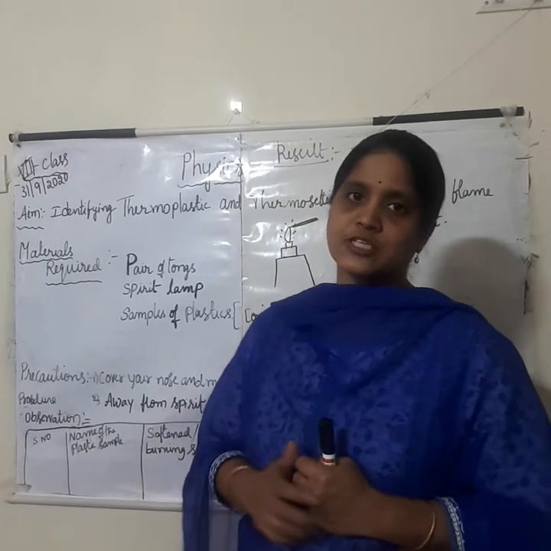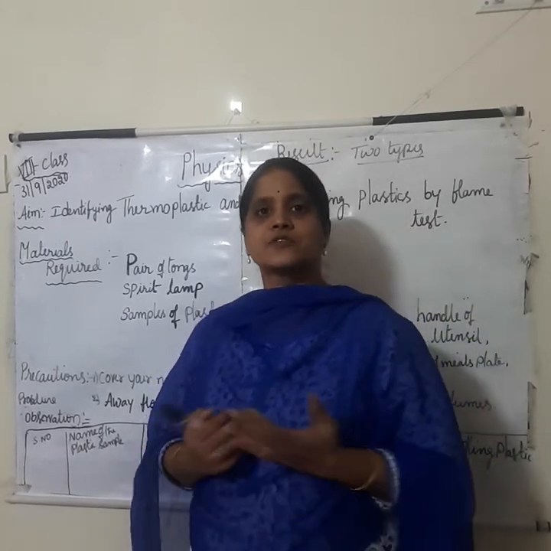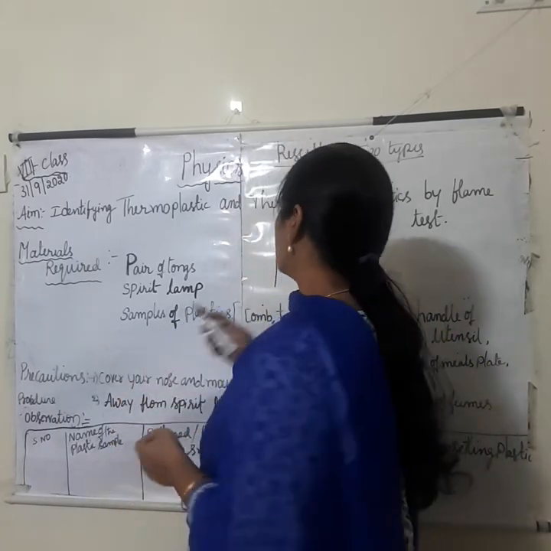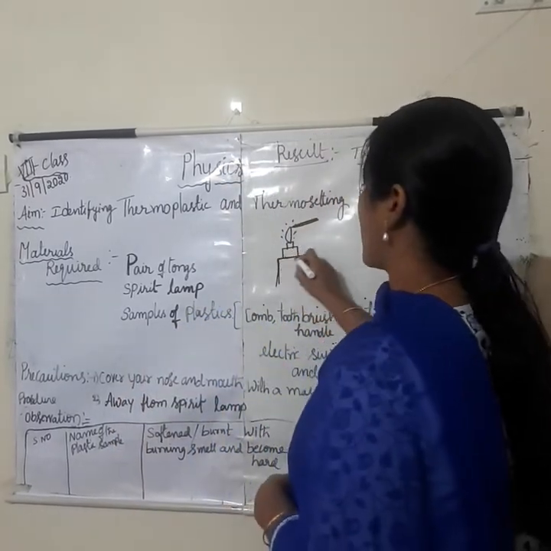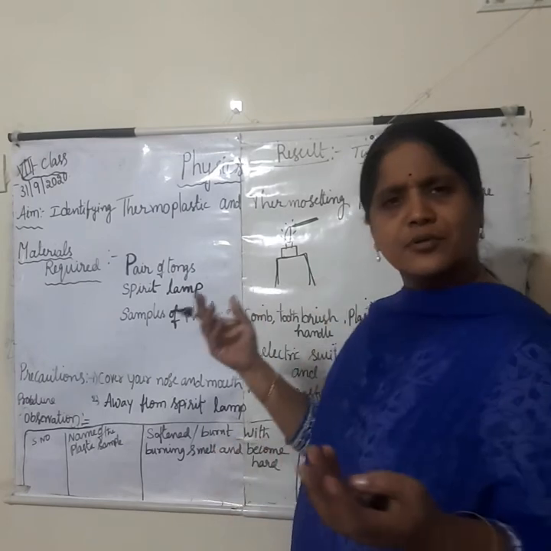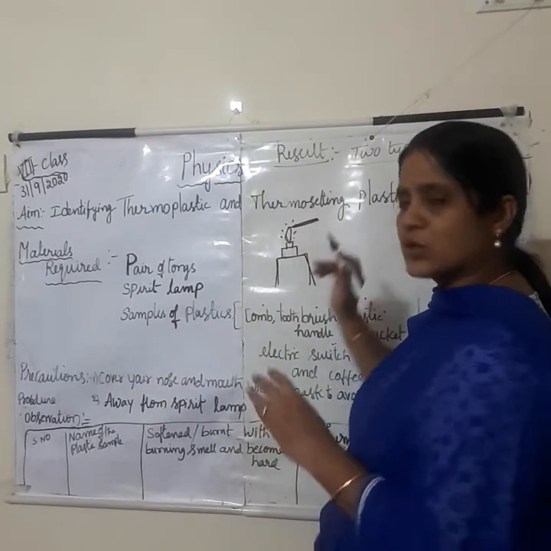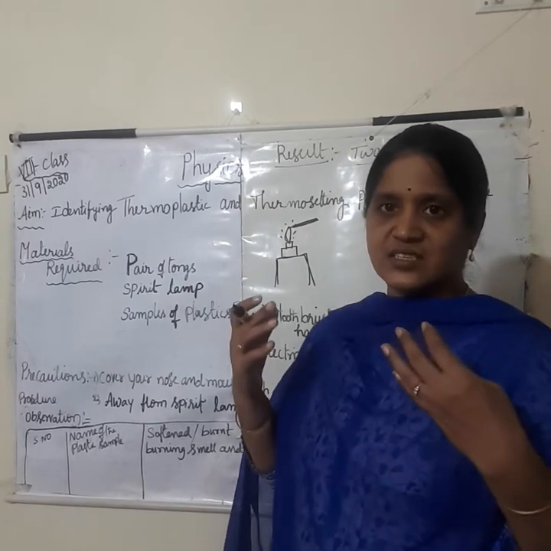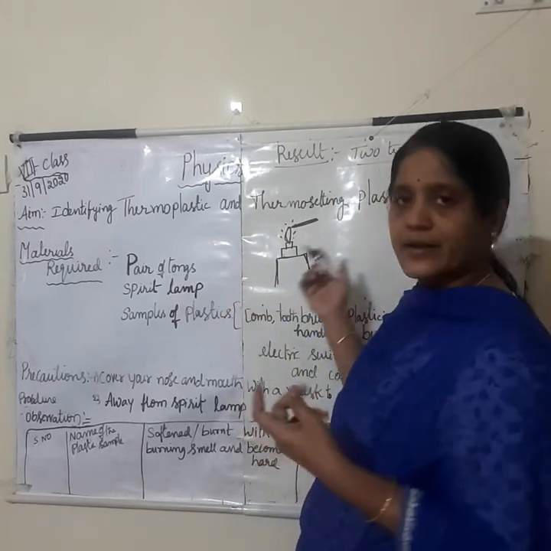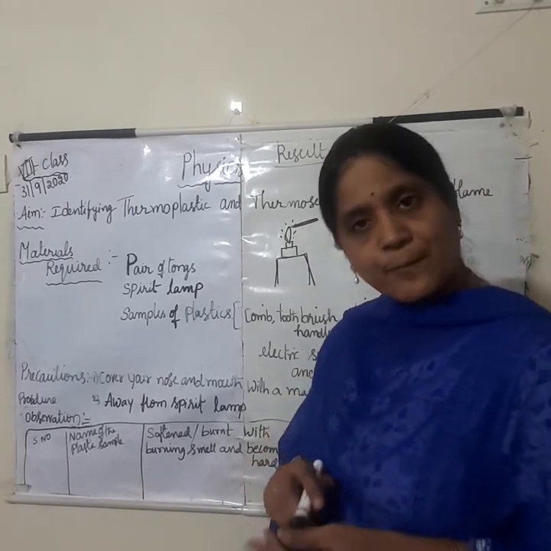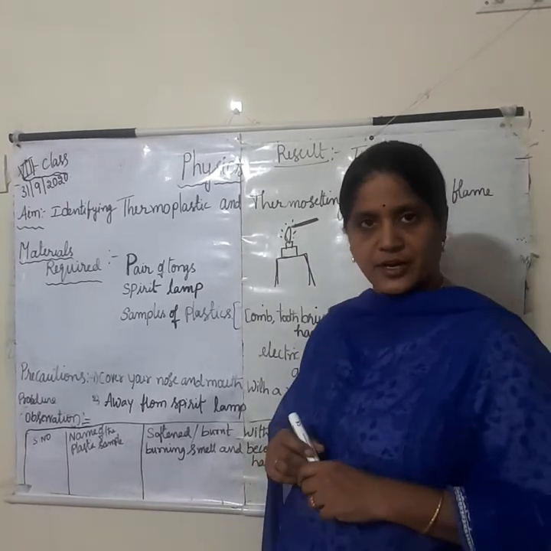Now, the procedure part. How to do this activity? First, you take a spirit lamp and light it. When it is burning, you take samples of each plastic item.